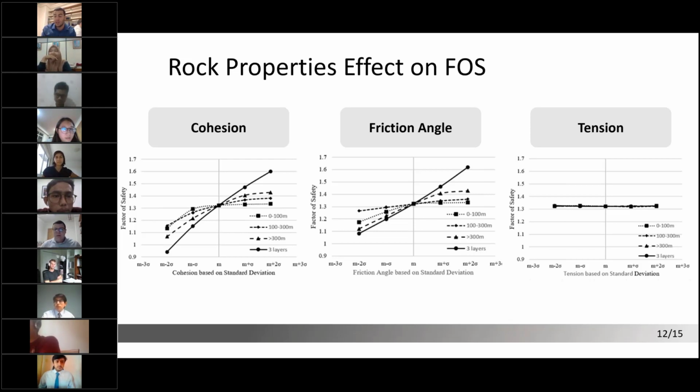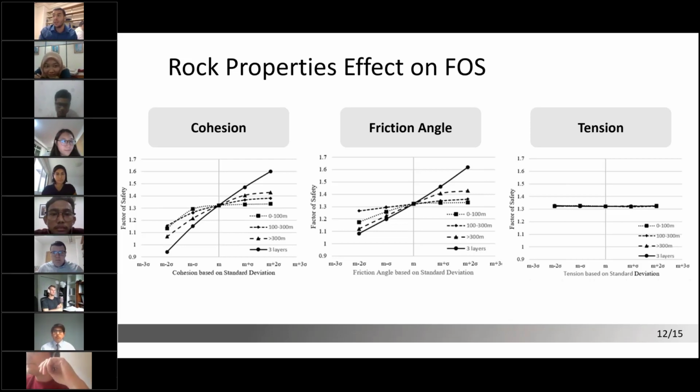We did the sensitivity analysis changing one parameter at a time, according to the possibility of these parameters occurring in real life, and then we calculated the factor of safety according to that value. So the sensitivity analysis has been done on one increment of one value at a time.